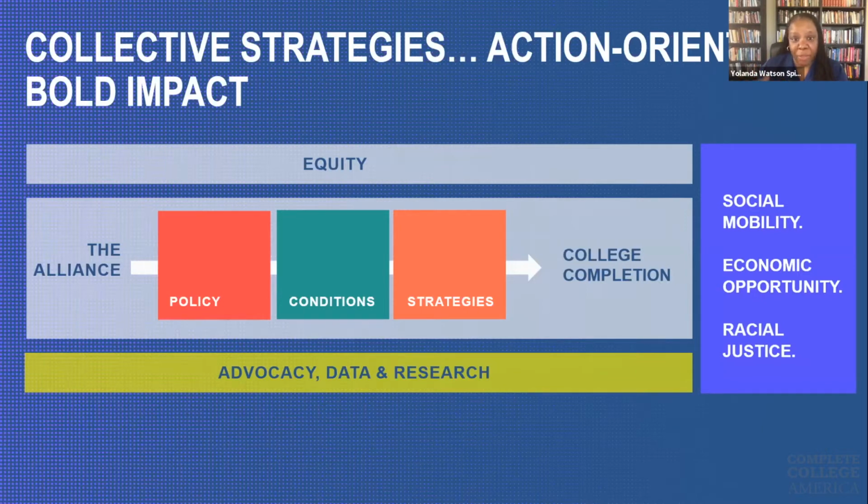We advocate on their behalves in partnership for the agendas that they have in their particular states. And then we also, of course, want to have a spotlight on equity. And so we want to make sure that as we disaggregate the data, we're able to show where there may be equity gaps that need to be filled and highlight that as a part of the college completion plan or the attainment goals that that state has. And so again, this model is a demonstration of all that I've just said.